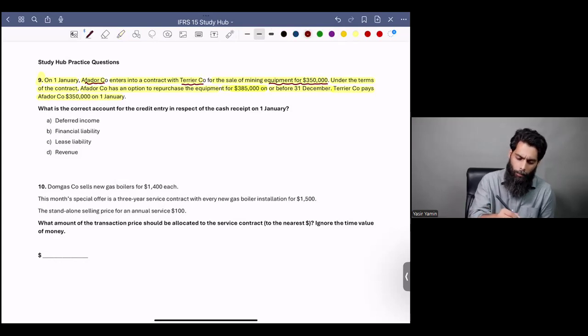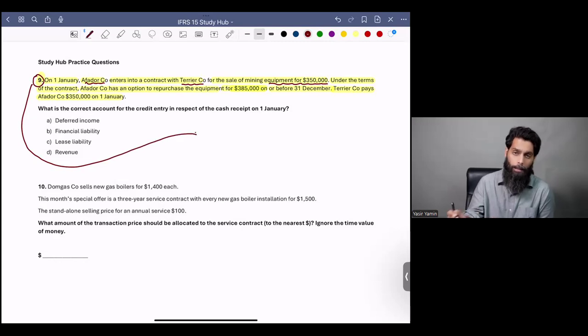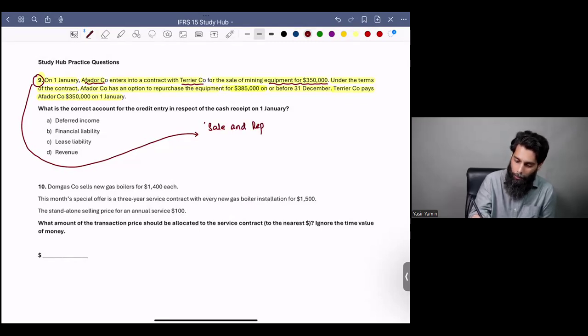So can anybody tell me what topic of IFRS 15 is being discussed here? What is this area being discussed here? This is sale and repurchase agreements. Make sense?